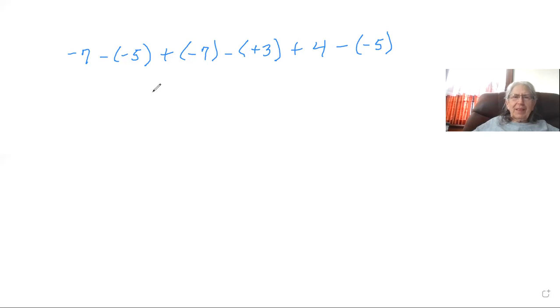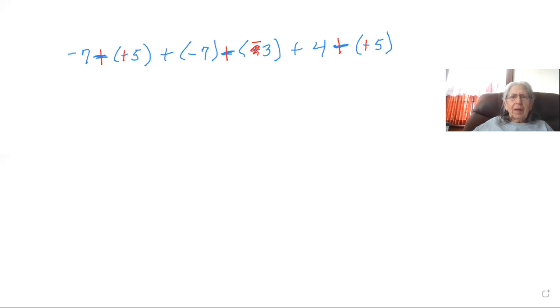The thing to remember is it's not hard, it's just long. Let's look at where we're subtracting. Here we're subtracting. And here we're subtracting. And here we're subtracting. So I'm going to change the signs where we were subtracting. This will be a plus, a minus. That'll be a plus, a plus.